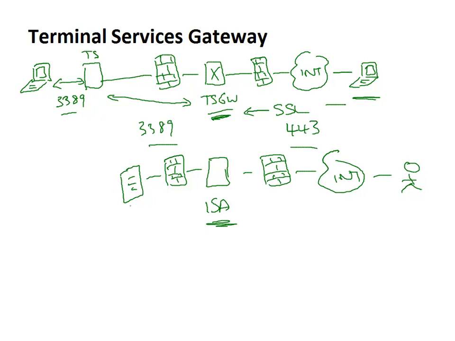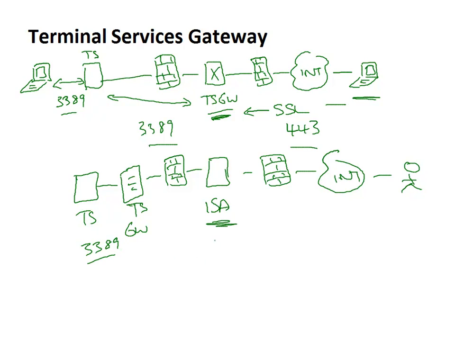This also means that our TS gateway, let's just label that there, can now freely talk with our Terminal Services remote app server over port 3389, because obviously they're both inside our network. They can do what they like, and that's fine.